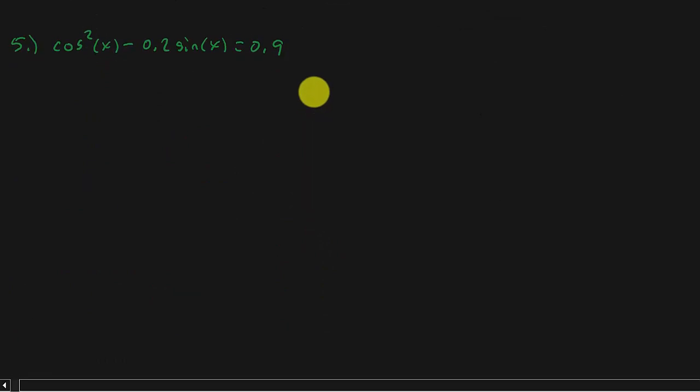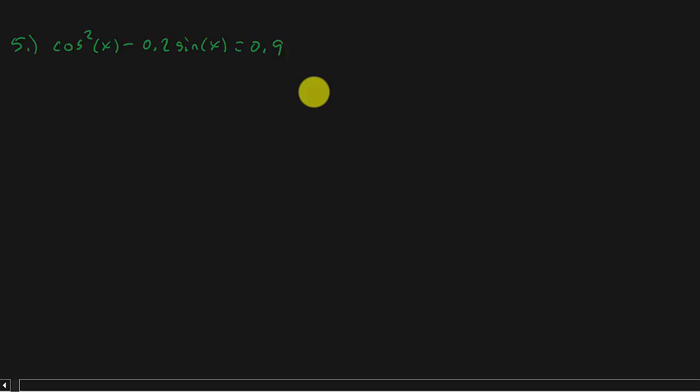I've got cosine squared x minus 0.2 sine x equals 0.9. So here we've got some problems. The first thing is we've got some decimals in there, which we don't like. That's probably going to make it kind of difficult to solve.